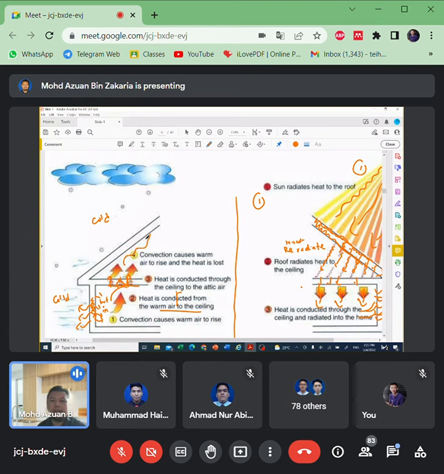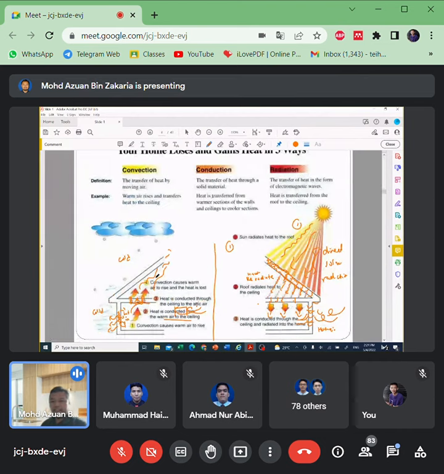In this process, the heat will release to the attic area and to the outside, but it will take time. But if you open the window during nighttime using night ventilation, you can get the cooling condition much faster. Those are the things you need to understand: how convection, conduction, and radiation work.